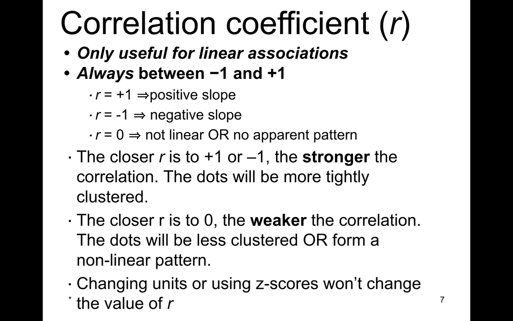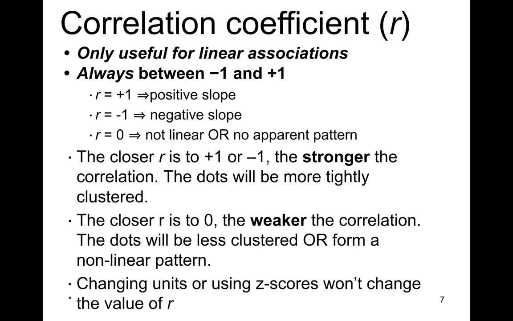They changed the unit, miles to kilometers. And by doing that, the correlation coefficient did not change. Okay? As long as you convert every piece of data from miles per hour to kilometers per hour, the correlation coefficient does not change. It works the same with z-scores.